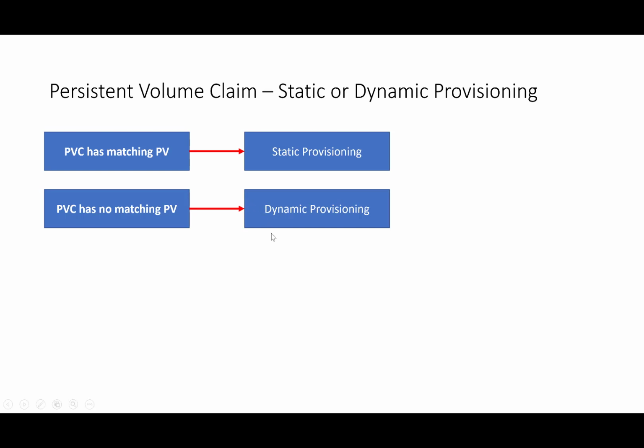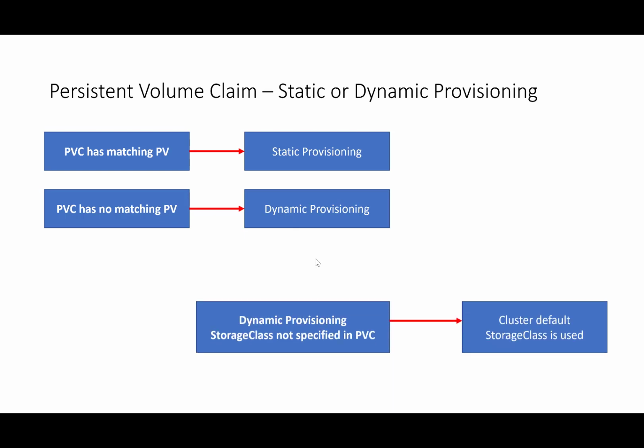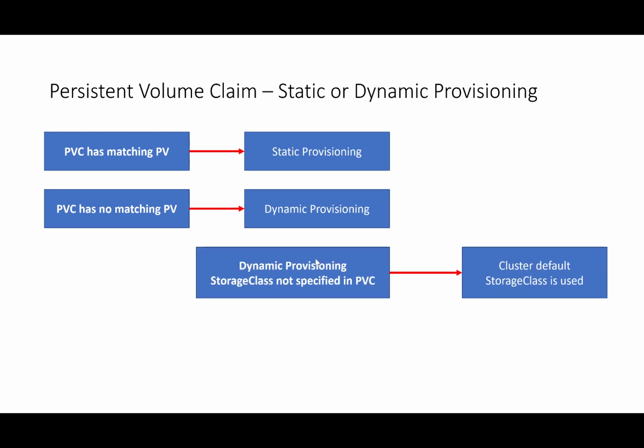Here, the Kubernetes cluster itself will try to take care of your need by doing a dynamic provisioning, and it will allocate resources that match your PVC. So the administrator has not created any persistent volumes, but dynamic provisioning happens. Now, even within dynamic provisioning, there are two ways of doing it.